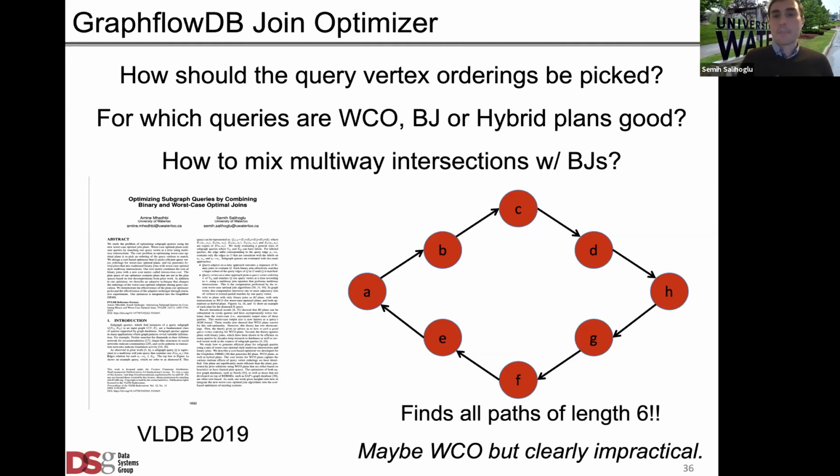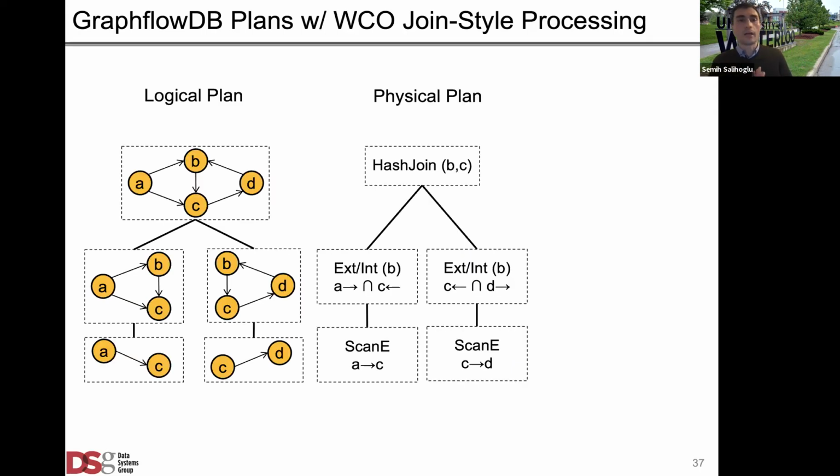Okay. Then, we designed dynamic programming-based optimizers that seamlessly mix multi-way intersection-based joins, these worst-case optimal joins, with binary joins. So let me show you a couple of query plans from our system. A logical plan for a complex subgraph query will look like this, where the top node over here is the final query we're trying to evaluate, and you've got two types of nodes in the logical plan.